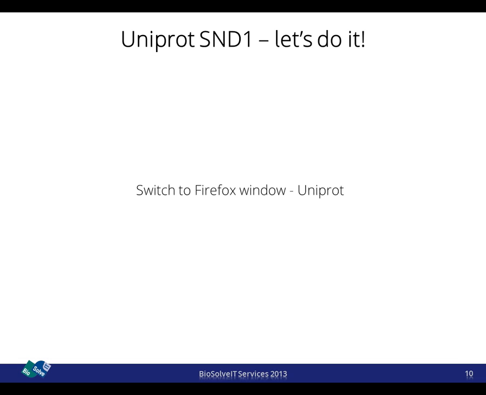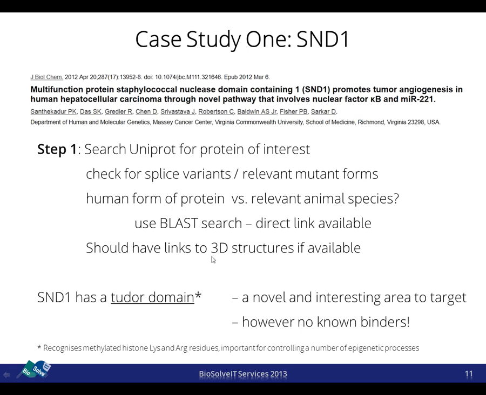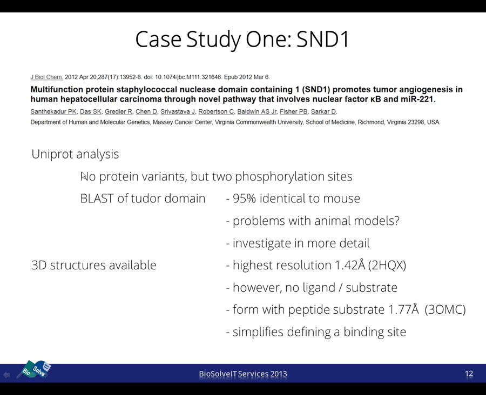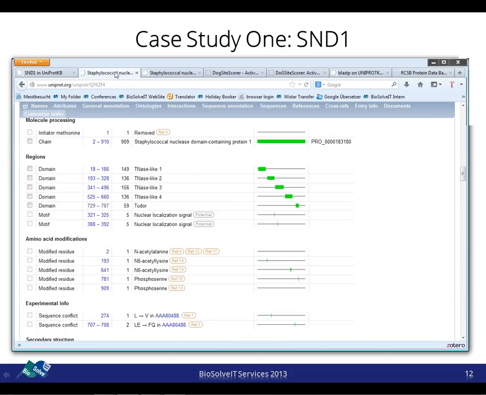So what I would then probably do, if I just switch back to my window here, is just to summarize that. Okay, we found a protein of interest, we've determined if any 3D structure is available, and we found it has a pseudodomain. This is a novel and interesting area for us to target, but there are no known binders at this region. So what I would then do is jump into finding out those 3D structures, and those are listed further down on the original page.